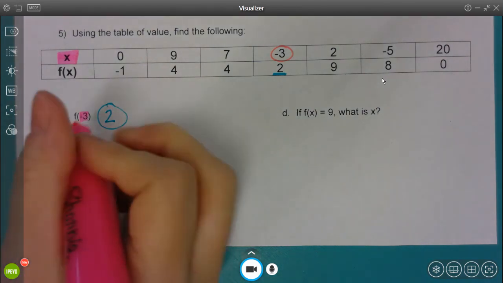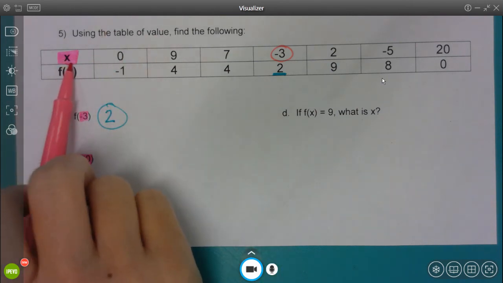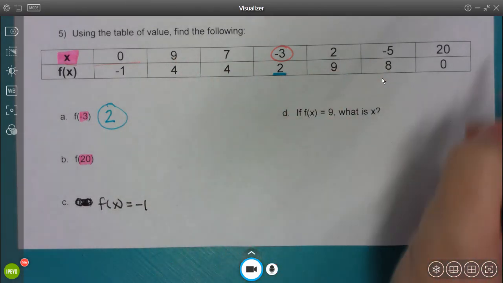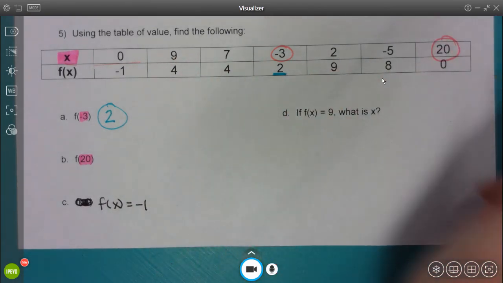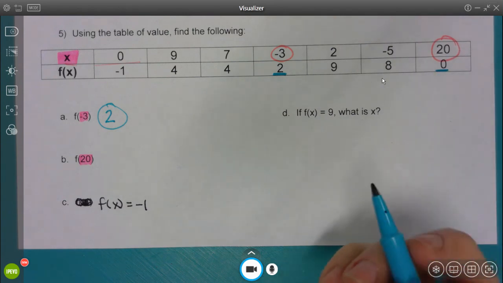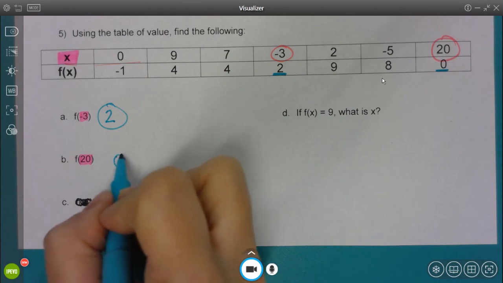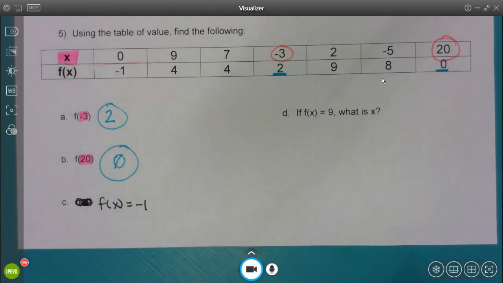I'm going to do the same thing in part D. I'm going to go along in my input row until I see 20. And I'm going to grab the corresponding y value, or f of x, or output value that matches. So my answer here would be 0.